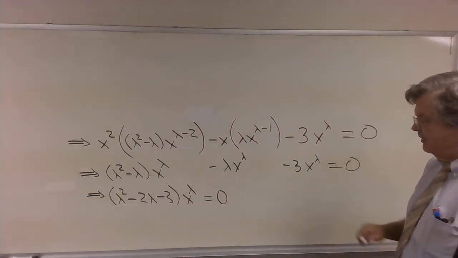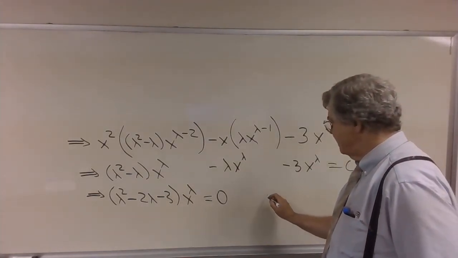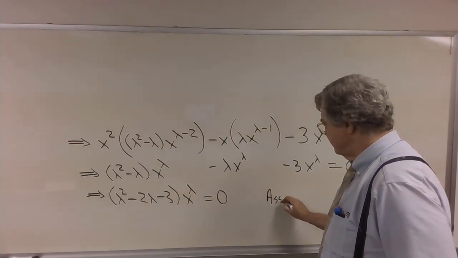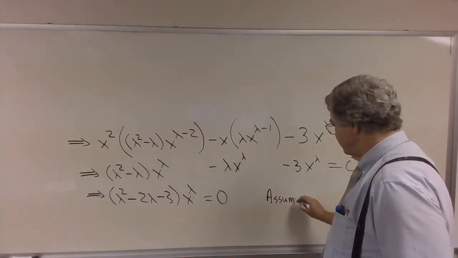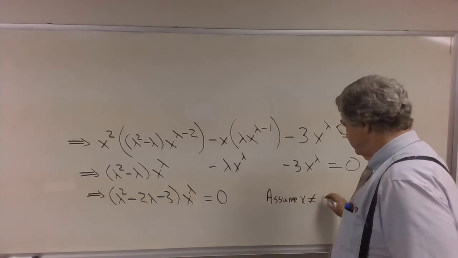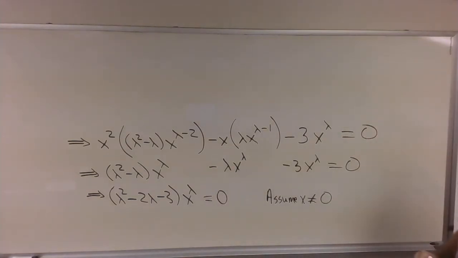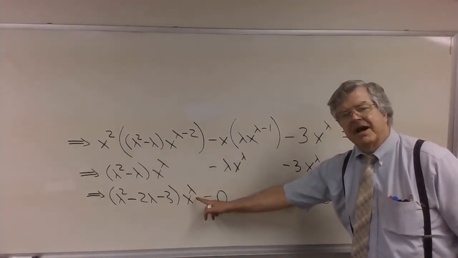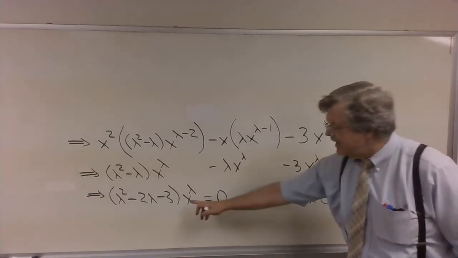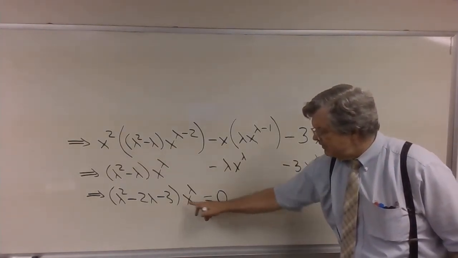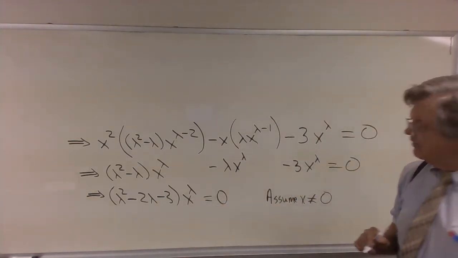Now we'll assume that x is not 0. And if x is not 0, then x to the lambda is not 0 either. So we can divide both sides of this equation by x to the lambda.